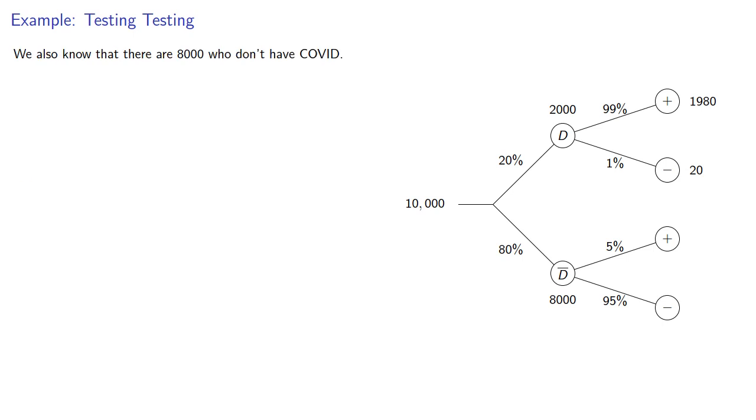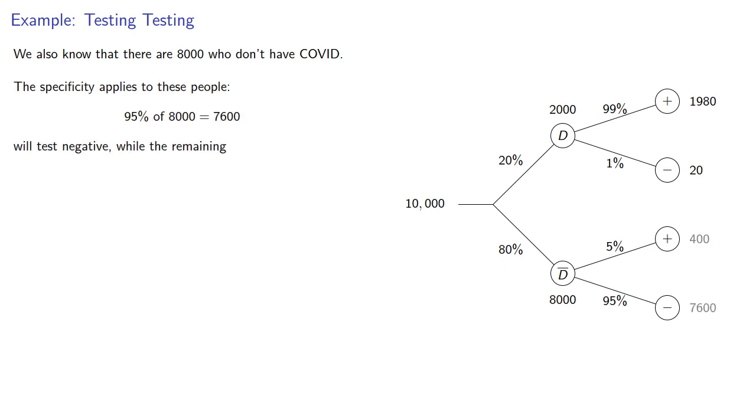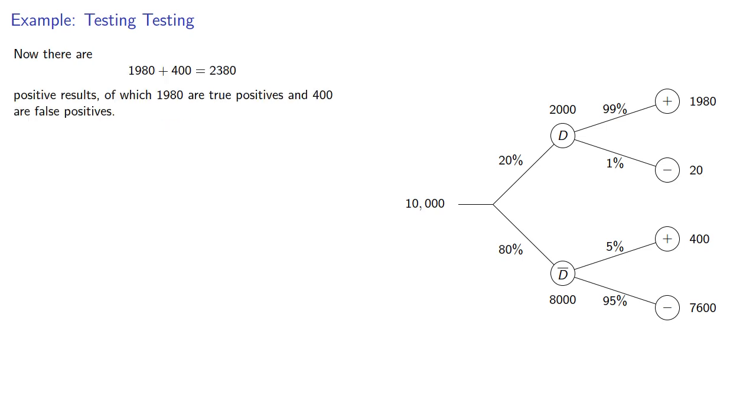And we know the number who don't have COVID, and so the specificity will tell us how many of these people test negative, and the remaining people will test positive. Now, there are 2,380 positive test results, of which 1,980 are true positives and 400 are false positives.